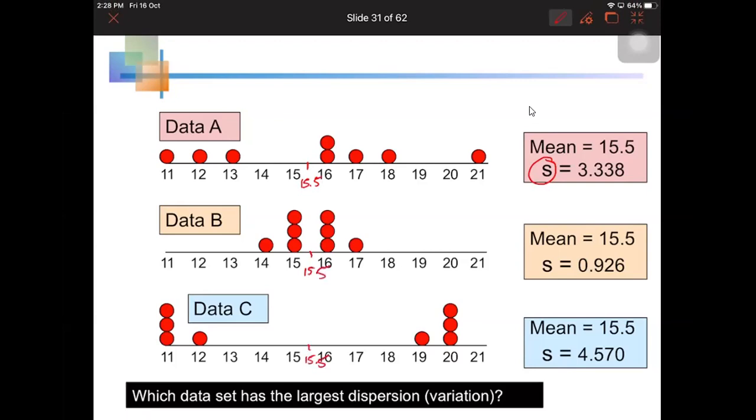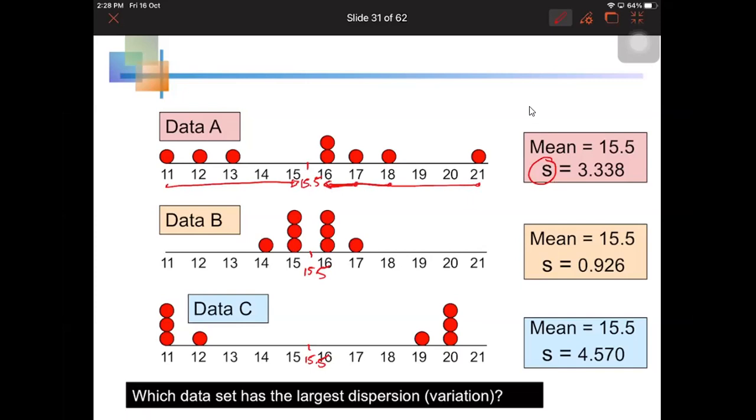Standard deviation calculates the distance between each value and the mean. Meaning to say, how far is value 11 from 15, how far is value 21 from 15, how far is 18 from 15, how far is 17 from 15.